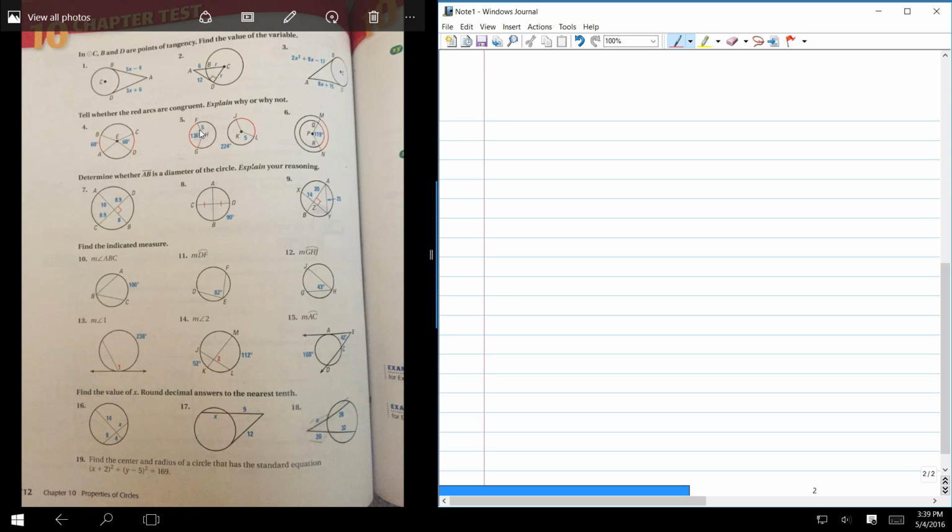In other words, this central angle is 136, and that arc is 136. And because this central angle is 136, it means this arc is 136. How about number 6?